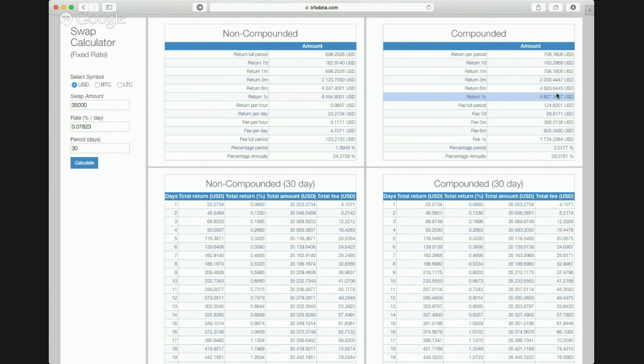But again, you always have to compare how much exactly they are charging you per year to discount from your entire investment. If you look at the fee they're going to charge you, you gain almost $8,100 on top of your $35,000 investment, because BitFinex will take a portion of 1,734 from your 9,827.